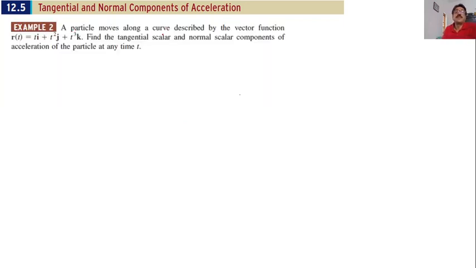A particle moves along a curve described by the vector function r(t) = t i + t² j + t³ k. We have to find the tangential scalar and normal scalar components of acceleration of the particle at any time t.